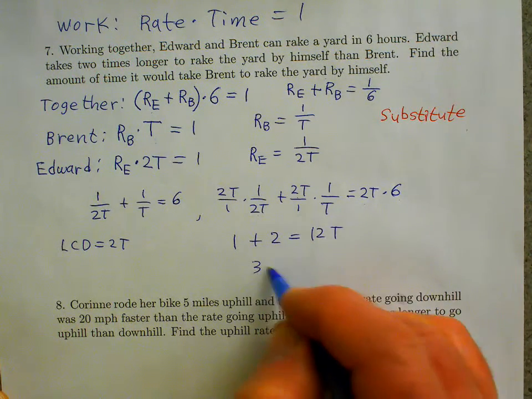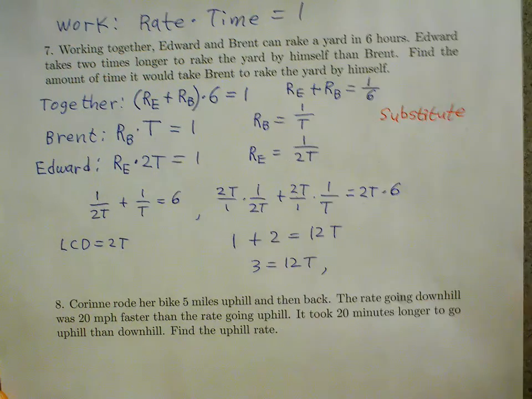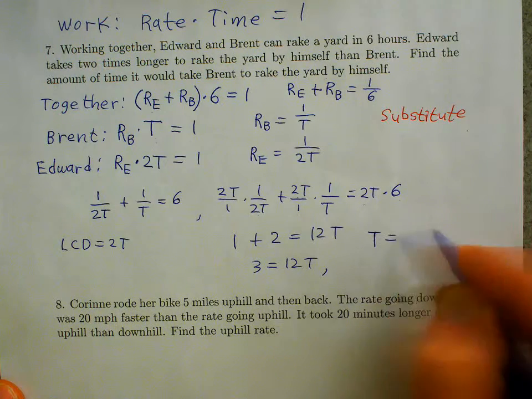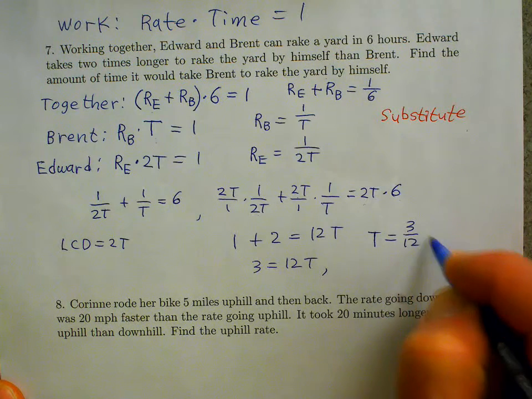So 3 equals 12T. Divide both sides by 12. We get t equals 3/12 or 1/4.